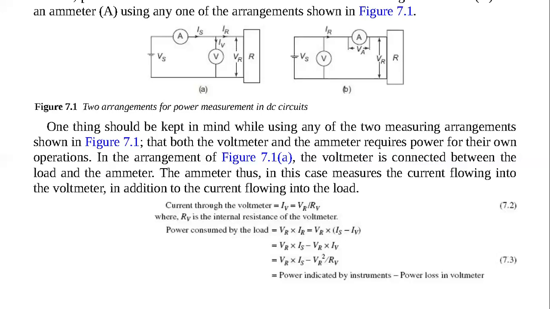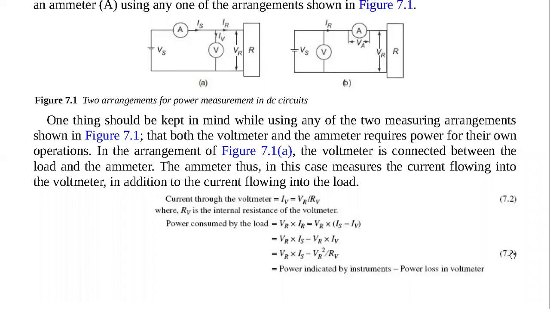And we can expand all these to get us to equation 7.3 that says that the power consumed by the load, we can call it the PR, power by the load for this case being R, is equal to the power indicated by the instrument, minus the power loss in the voltmeter.